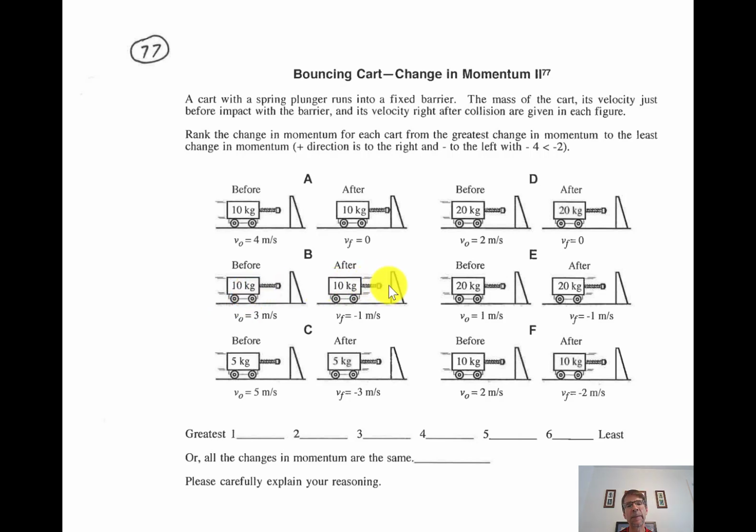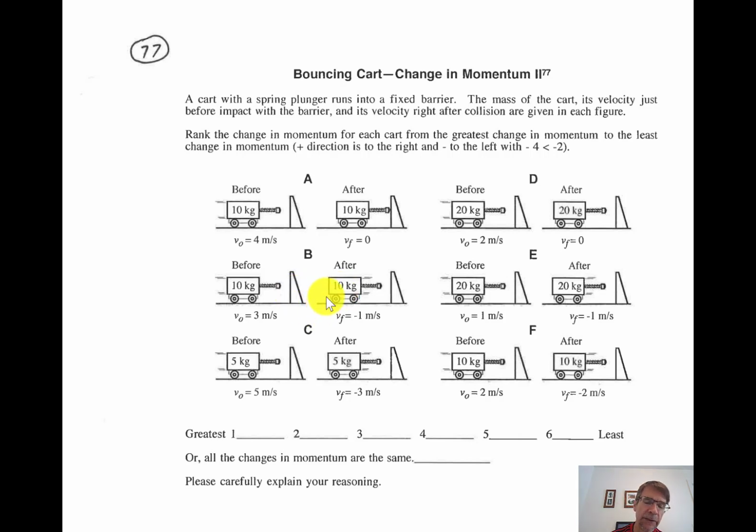The final momentum is 10 to the left. So the change is 40 units to the left, which technically would be negative 40. So it would be tied with A so far. It's a negative 40. So it started with 30 to the right and 10 to the left. Some people would say the change in momentum there is 20 because it was 30 and then it was 10. Well, it was 30 and then negative 10.